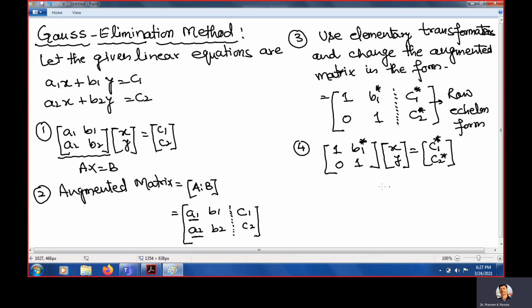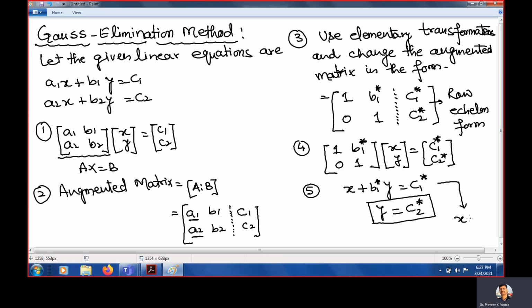Now multiply the two matrices. What will you get? x plus b1 star y equals c1 star and y equals c2 star. Now the y value we have already evaluated. Put this value of y into equation 1 here and find the value of x. This is the procedure we are going to use in Gauss elimination method.